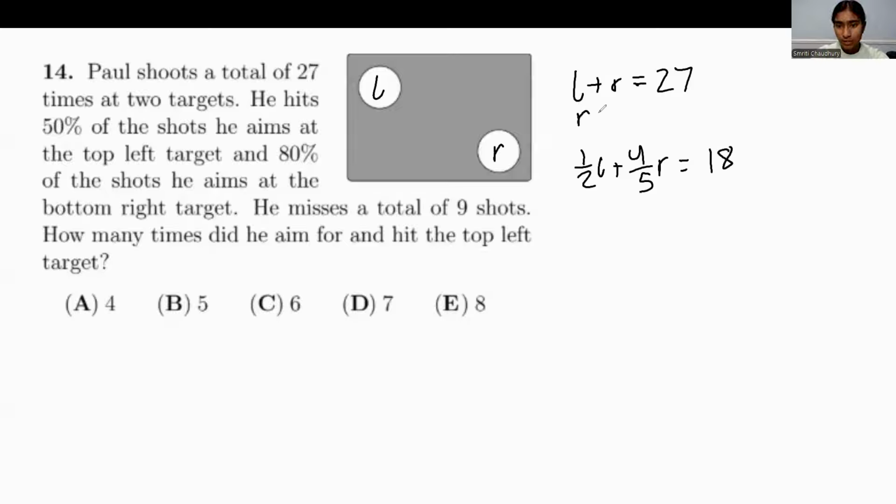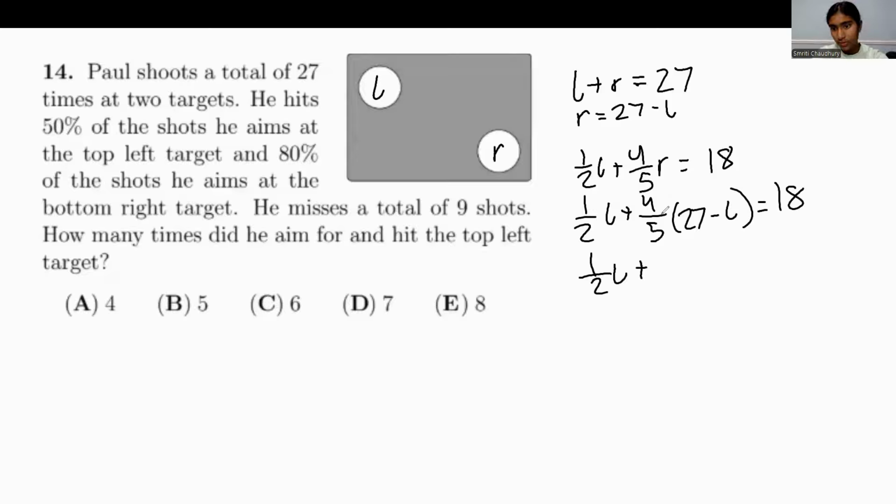So here, let's say R equals 27 minus L. And now let's plug that in. So we've got half L plus 4/5 times 27 minus L equals 18, which means half L plus 4/5 times 27 is 108 over 5, minus 4/5 L equals 18.